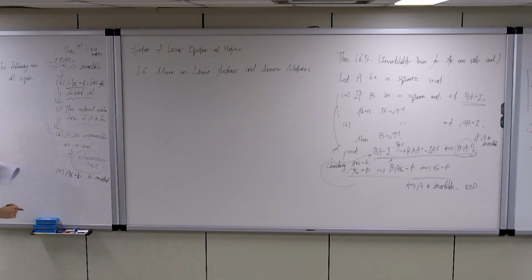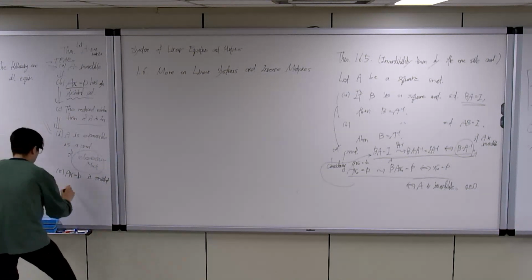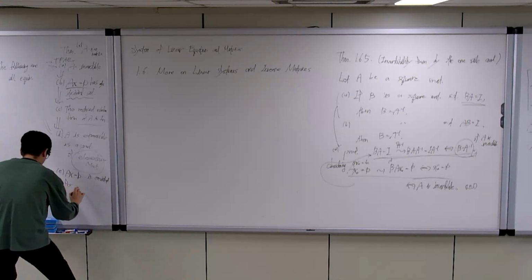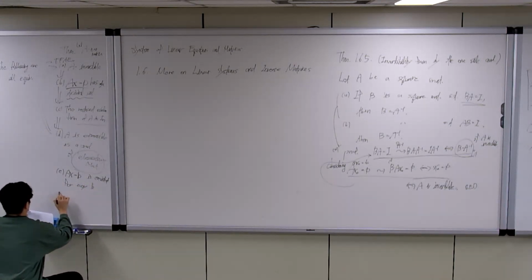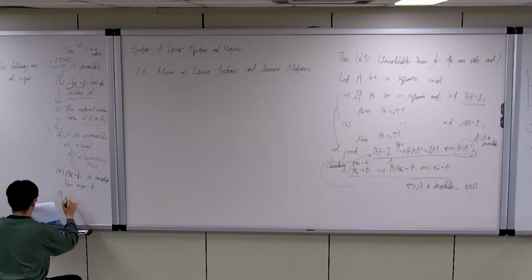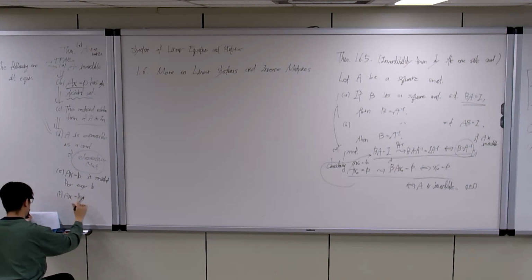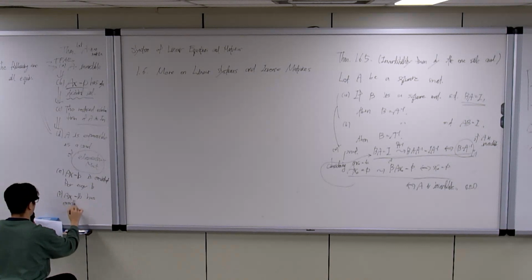That means it has a solution for every B. And actually it is almost the same as the F statement. The F statement is that it has exactly one solution.